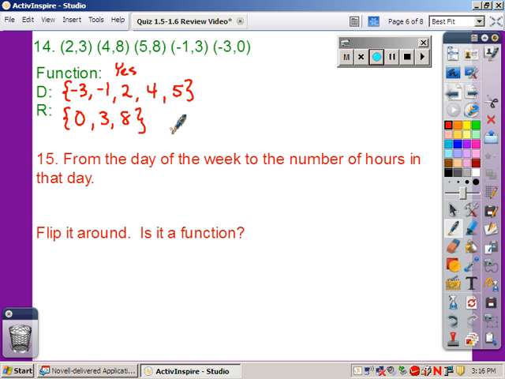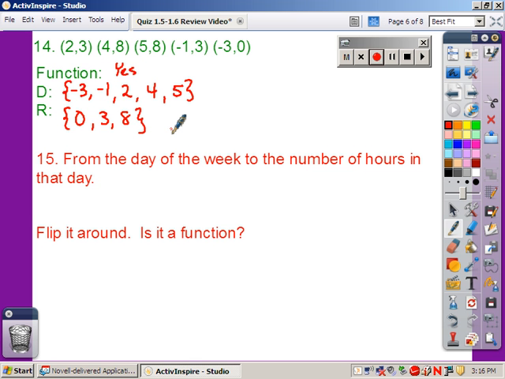Okay, so we move on from that one into word type problems. These are kind of my favorite function problems because sometimes they have a real world application, I guess. So we say from the day of the week to the number of hours in that day. If you enter in a day of the week, you get only one answer for the number of hours in that day.